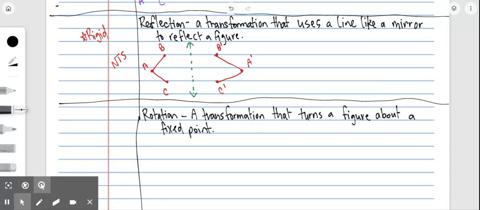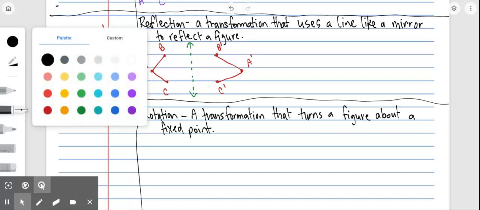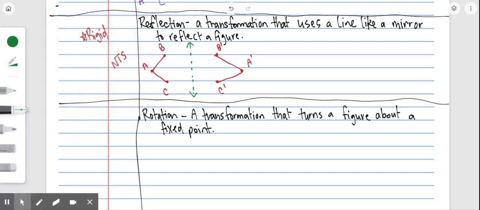Okay, and then a rotation is a transformation that turns a figure about a fixed point. So when I think about rotations, I think about ballerinas and how they turn themselves around, but they still are the same ballerina. So if I were to draw a triangle, let's call it A, B, C. If I were to rotate it, let's say I rotate it around C, and then I might have A prime, B prime, and C prime, okay?